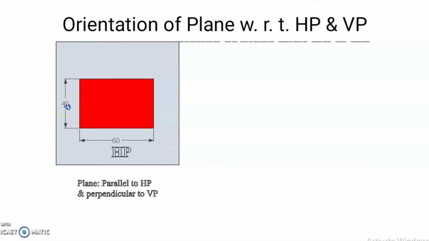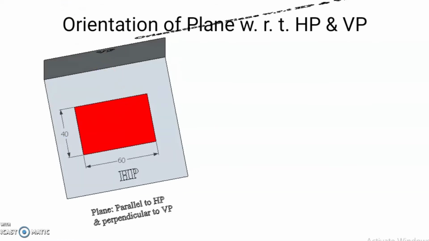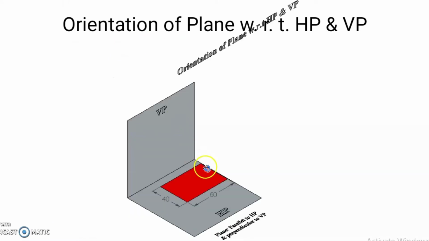In conclusion, when the plane is parallel to HP and perpendicular to VP, its front view appears as a straight line which is parallel to this XY line, and the top view appears as the true shape of the given plane on the horizontal plane.